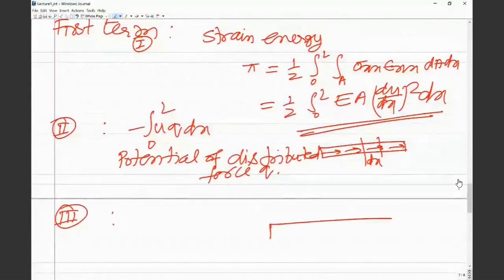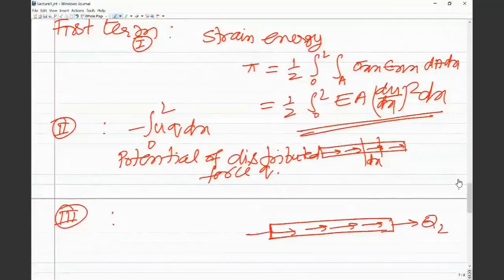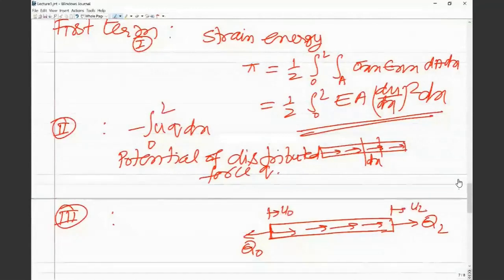For a general case, of course, finally you have to put in the appropriate boundary conditions. But let us say the interpretation here is QL; of course, in the given problem QL is actually 0. And here you have Q naught, and the displacement here is U naught, and the displacement there is UL. The work done by the force Q naught is negative, so the potential, being the negative of the work done, will be positive.